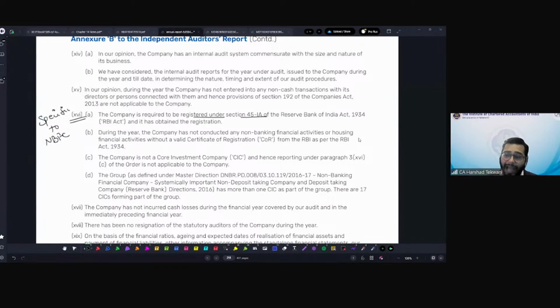The applicability of CARO and some specific paragraphs of para 3 of CARO which are very important for NBFCs. Any doubt with respect to this? Okay, if no doubt, guys, this was the audit of NBFCs that we discussed in detail till now.